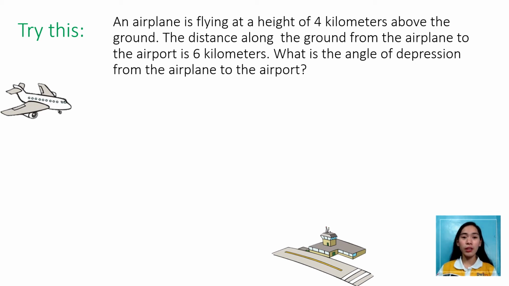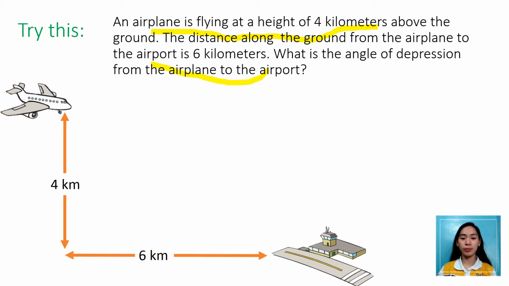Okay. So the airplane is flying at the height of 4 kilometers above the ground. The distance along the ground from the airplane is 6 kilometers. Now, we're gonna find the angle of depression.